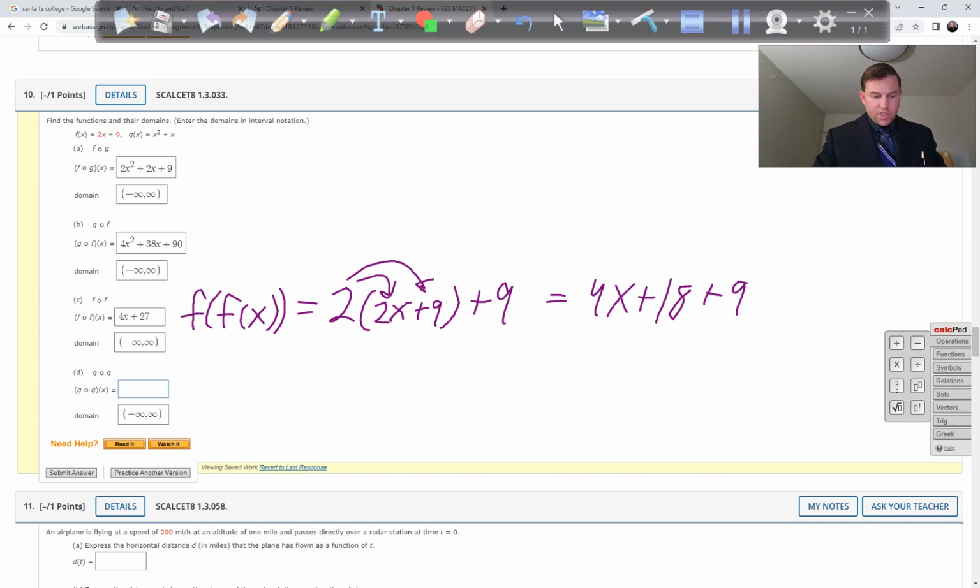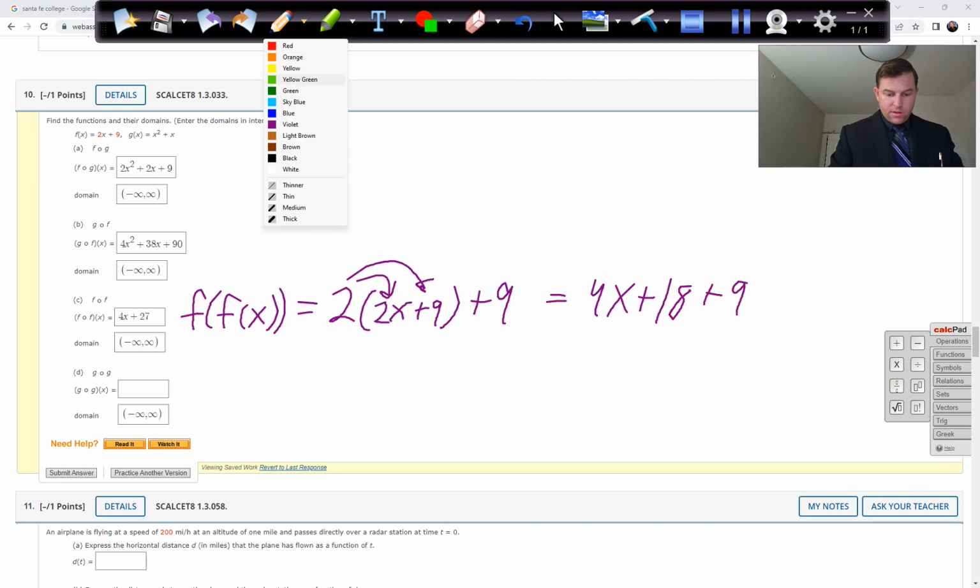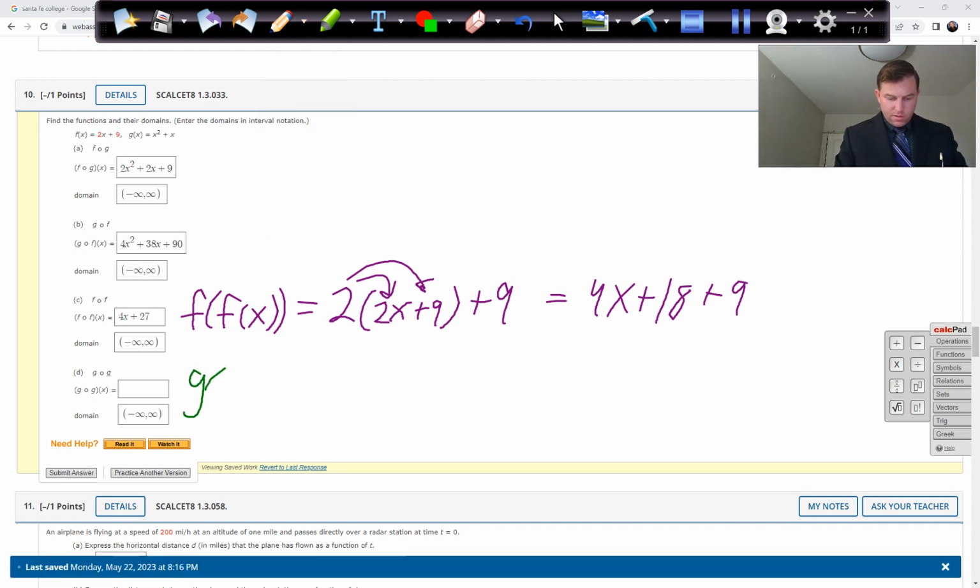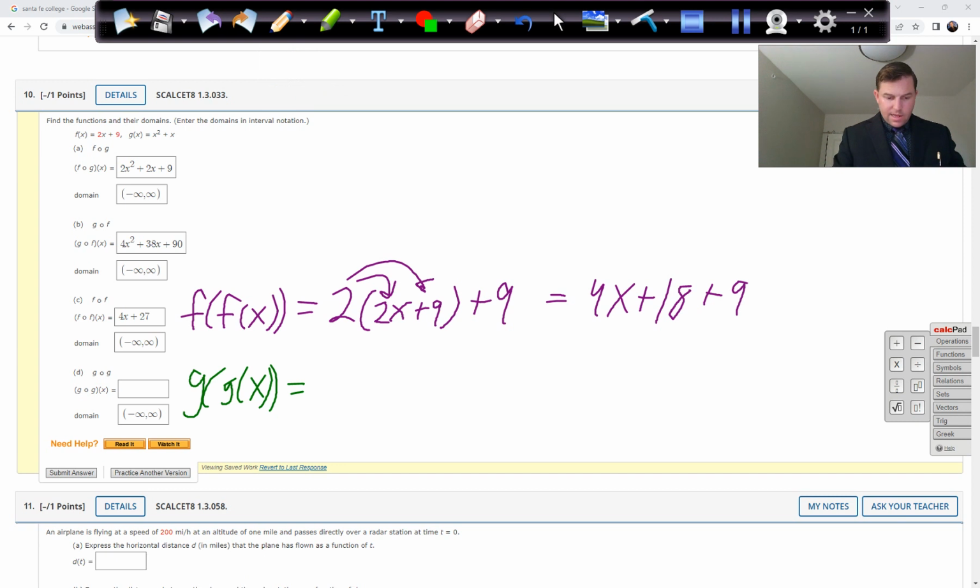And g of g is going to be x squared, but it's now x squared plus x, squared, plus x, but x is really x squared plus x.